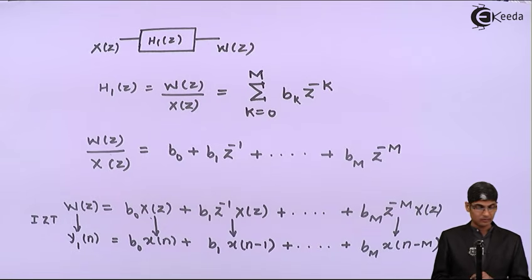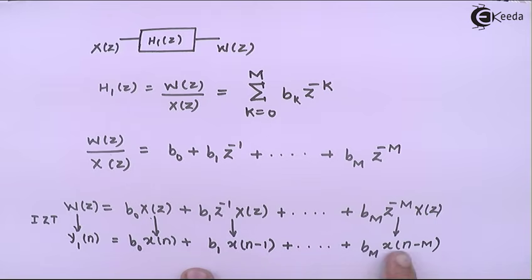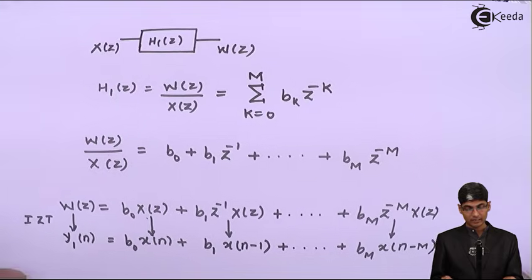you see that there are multiplications of some factors. We have x of n which is delayed by one factor which gives x of n minus 1, and delayed by m factors which will give x of n minus m. So we wanted to delay x of n, multiply it, and also add to get the final output. So how can we realize it?